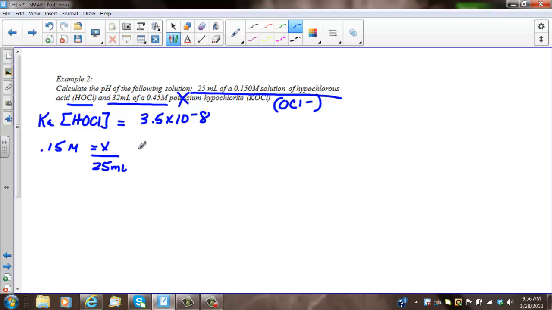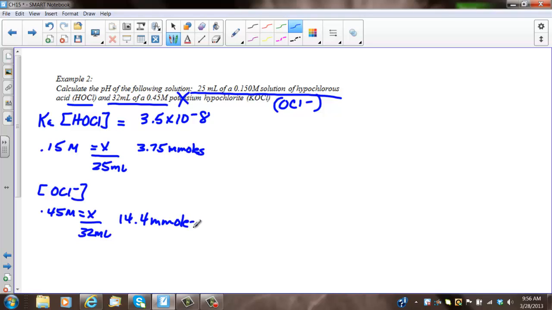So that's going to give me 3.75 millimoles. Notice how I'm working in just millimoles now. I did my molarity times my milliliters, which gives me millimoles. And for my hypochlorite ion, OCl minus, I have 0.45 molar, and I have 32 mils, which is going to give me 14.4 millimoles. So I have to say to myself, can I use Henderson-Hasselbalch?